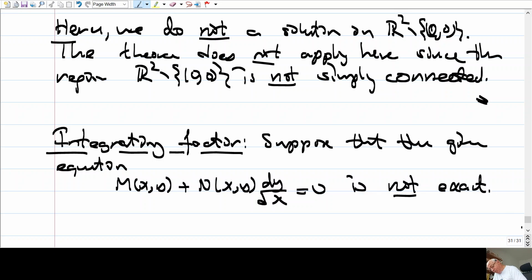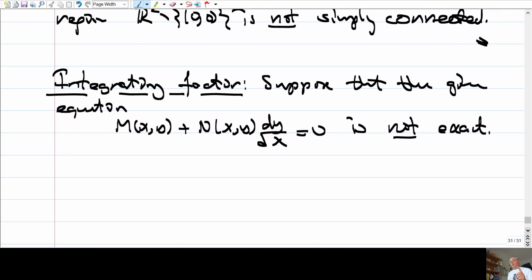So what can we do? Well, we may do something we used to solve linear equations. What was that? We multiplied the equation by some function and it became exact, right? It became an equation that you can integrate. The left-hand side became the derivative of some other function.